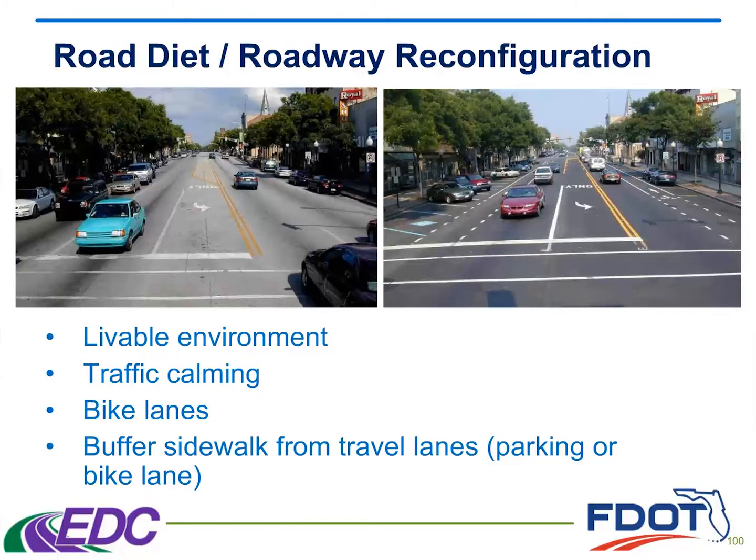Also, the travelway can be used to accommodate bike lanes, sidewalks, on-street parking, landscaping, refuge islands and bulb outs. And it can also create a buffer between the travel lane and the sidewalk.